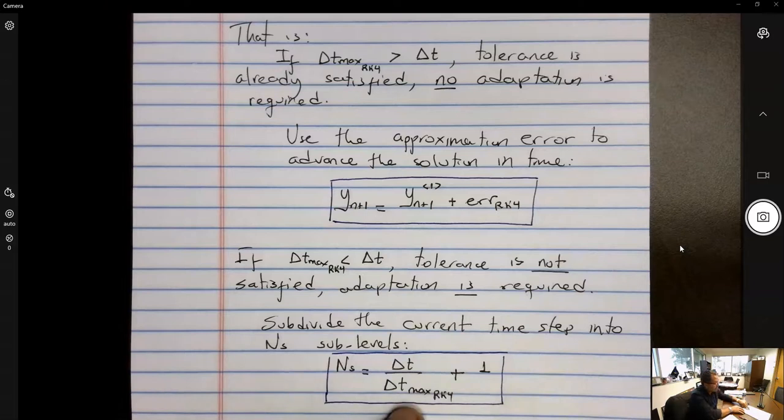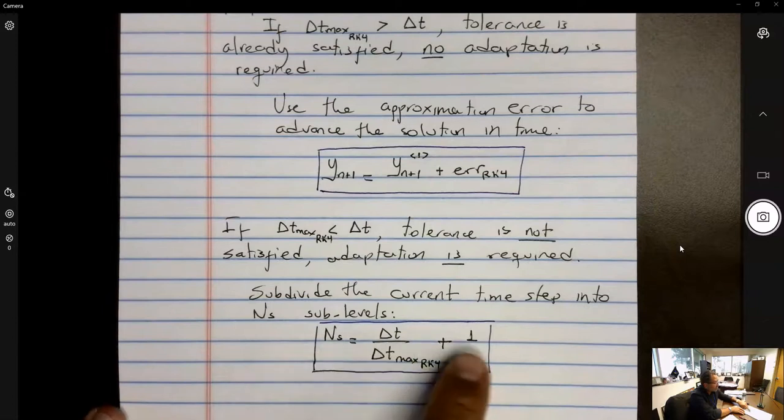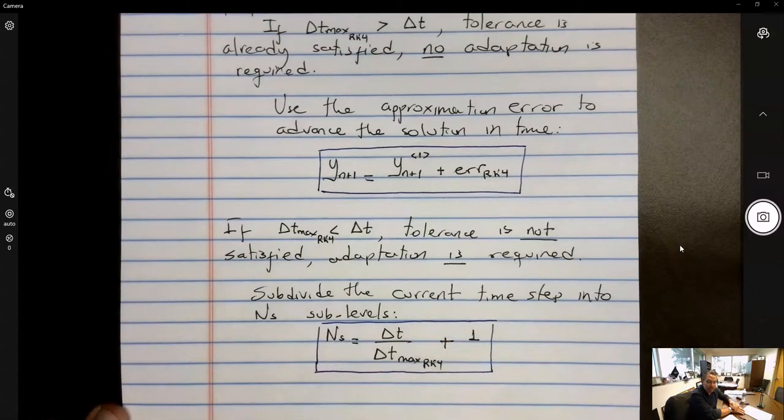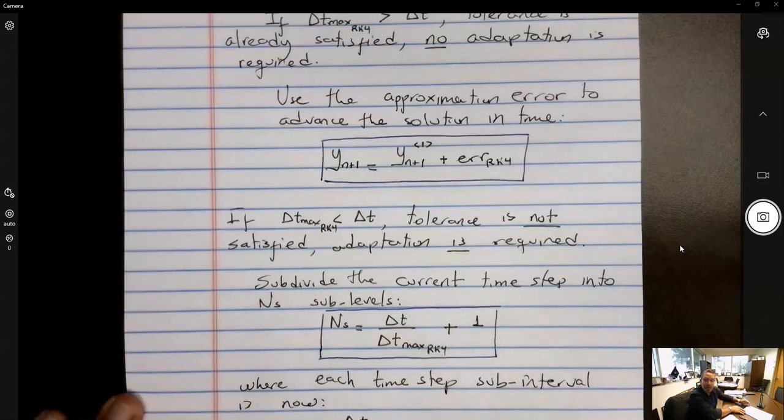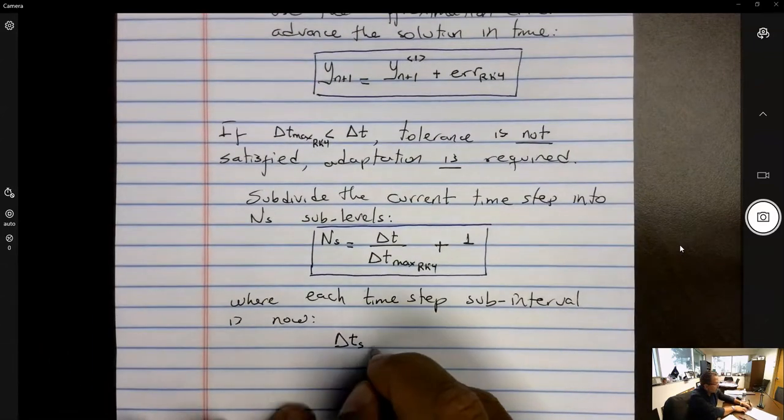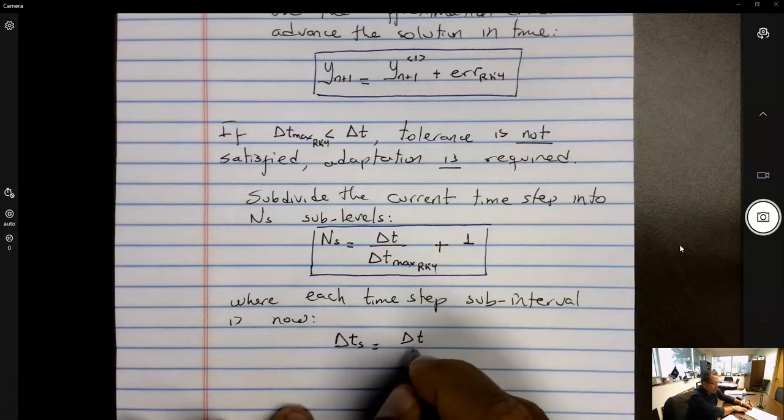Well, remember now delta t max is smaller than delta t, so this number will be greater than 1. So at the very least, you'll be breaking the time level up into 2 sublevels, where each time step subinterval is now, so your new time step of the subinterval, delta ts, is equal to the delta t that you originally used divided by ns.